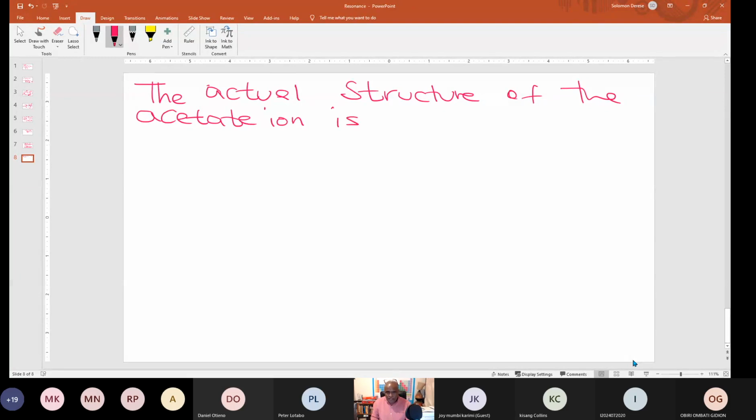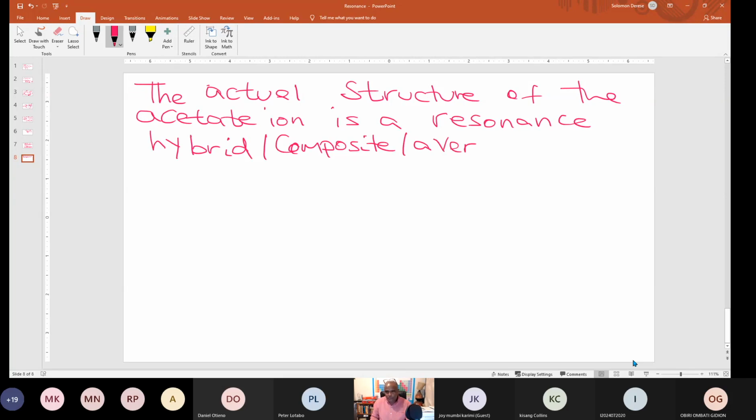It is a resonance hybrid, composite, or average of the two individual structures, okay?